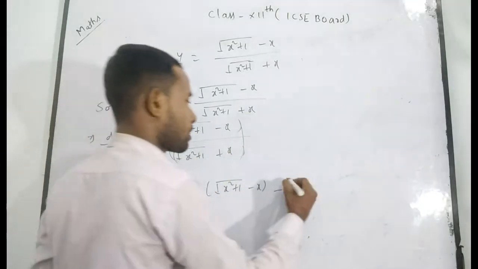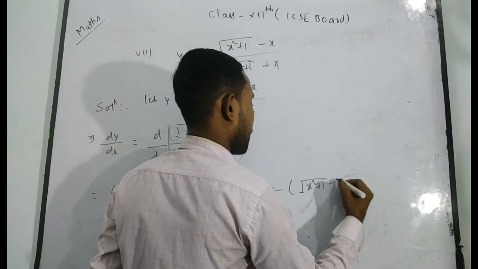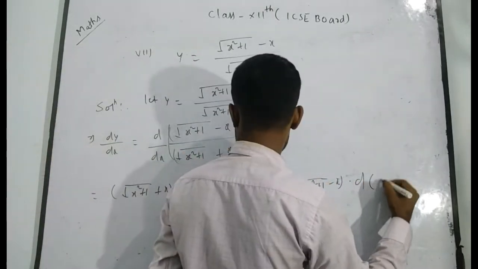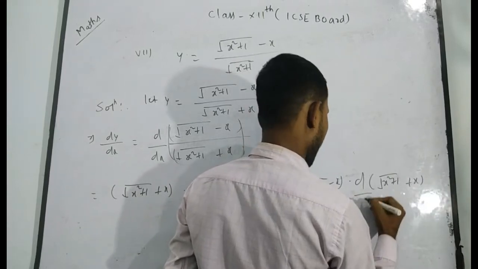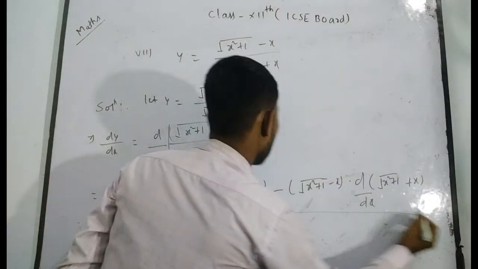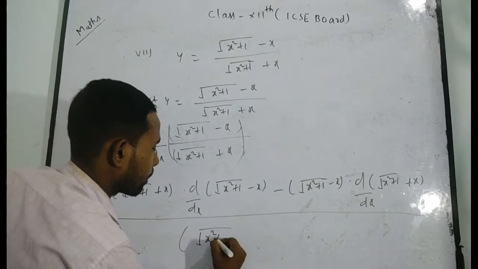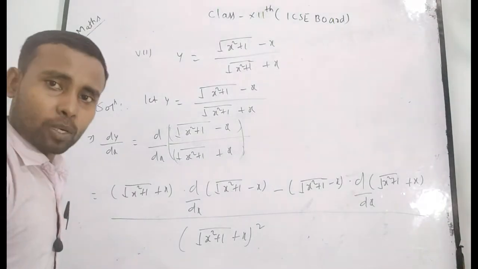Again take the numerator outside, that is root under x square plus 1 minus x, times the derivative of the denominator, root under x square plus 1 plus x, with respect to x, divided by the whole square of the denominator, that is (root under x square plus 1 plus x) whole square. I think you understand very well.